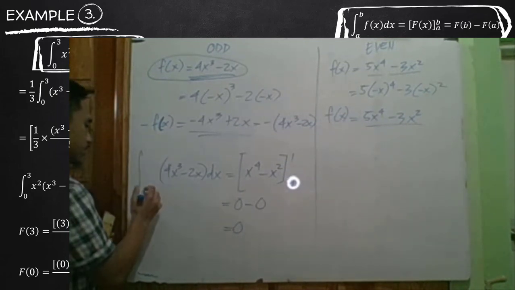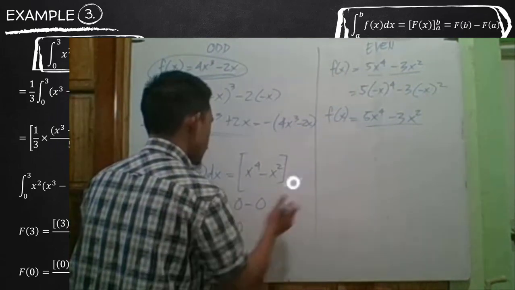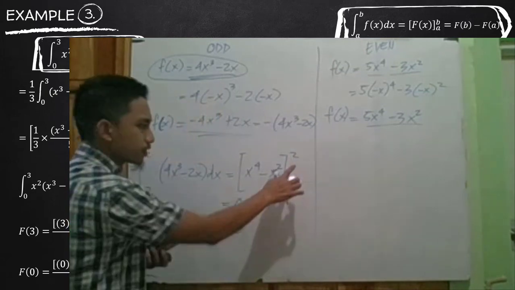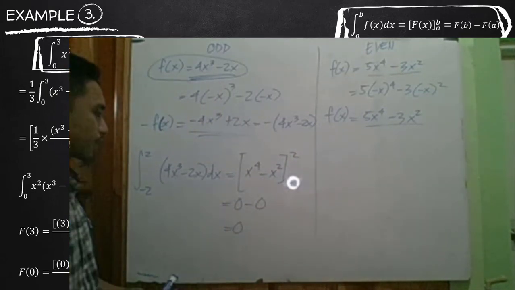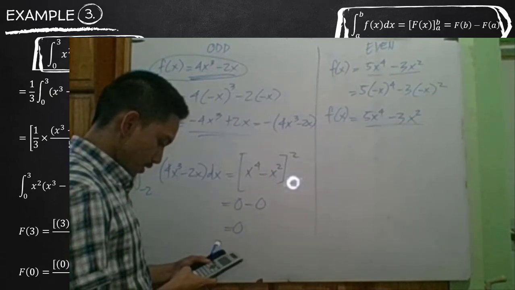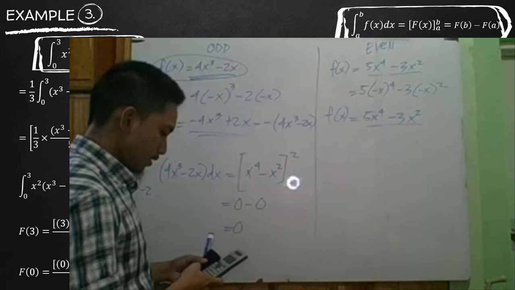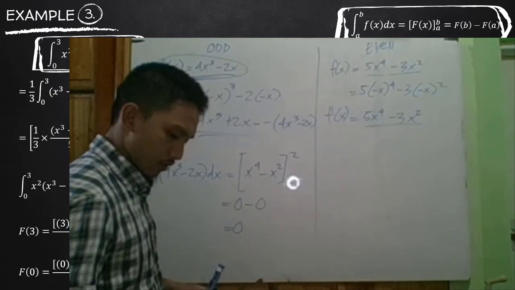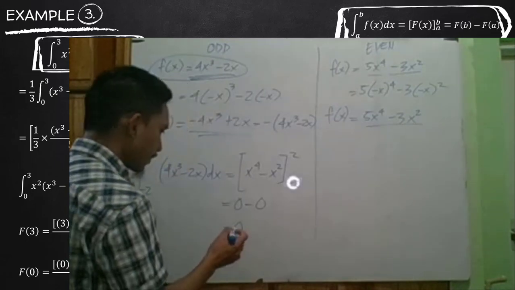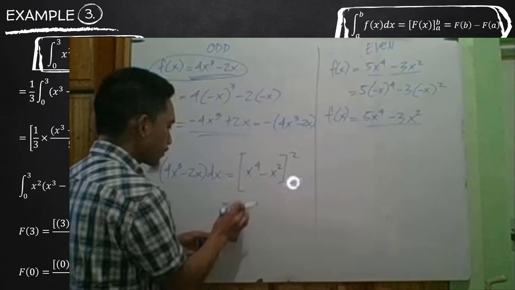Let me just change that one to negative 2 to positive 2. So this will be x raised to 4. Let's try to calculate it. 2 times 2 times 2 times 2 is 16 minus 2 times 2, which is 4, so that is 12. Let's change it so that you will not be confused with 0.